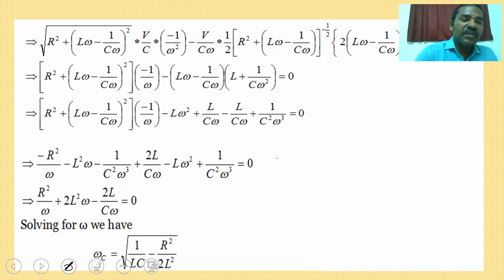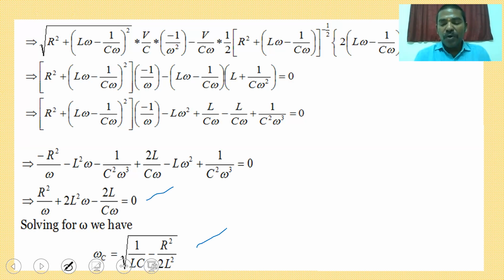So further simplification, so we are getting R square by omega plus 2L square omega minus 2L C omega is equal to 0. So finally omega C is equal to root of 1 by LC minus R square by 2L square you are getting.